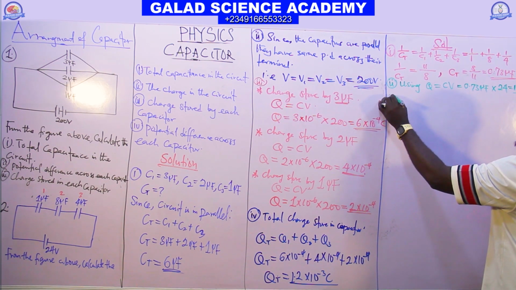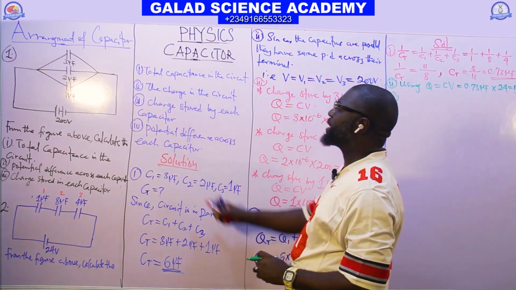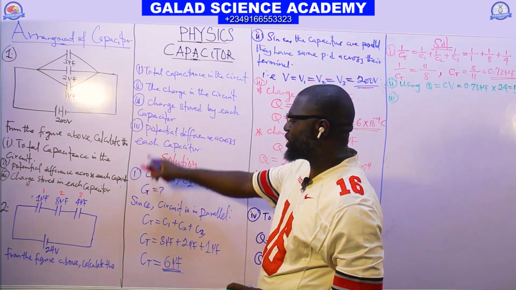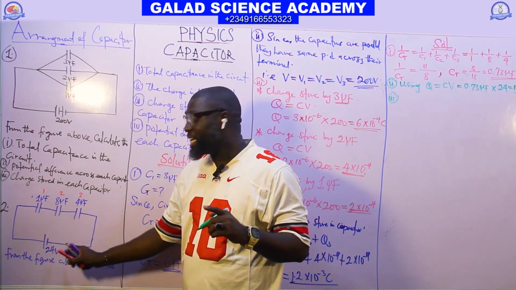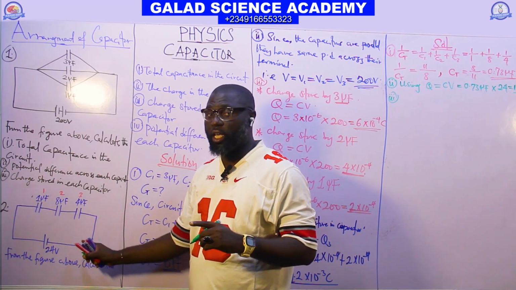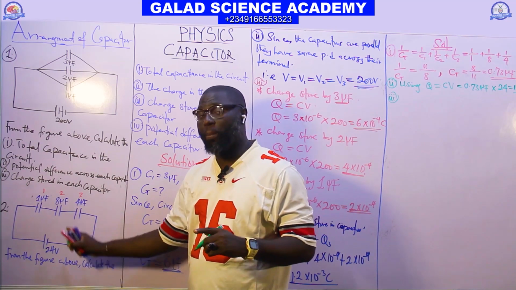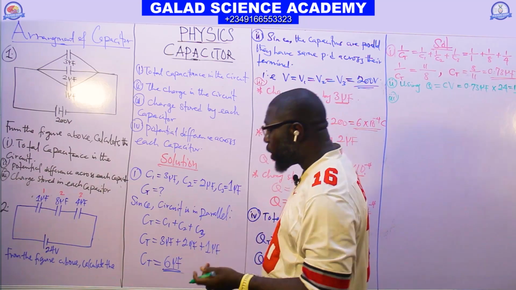Roman figure 3, we are asked to calculate the charge stored by each capacitor. Note that in a series, the same charge passes through capacitor 1, capacitor 2, capacitor 3, but the potential differences are different. So what would I do now?